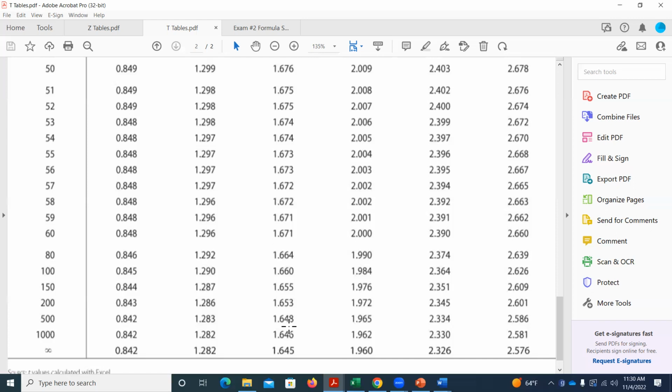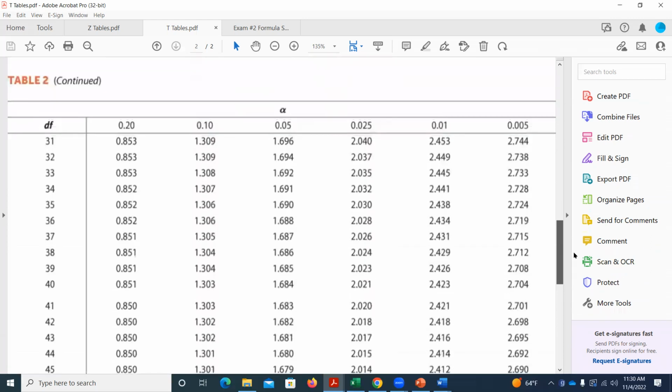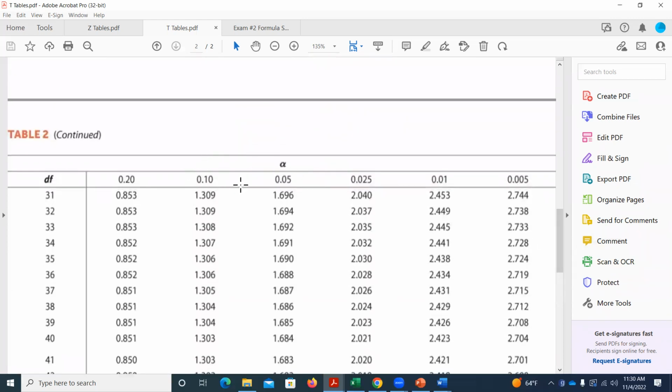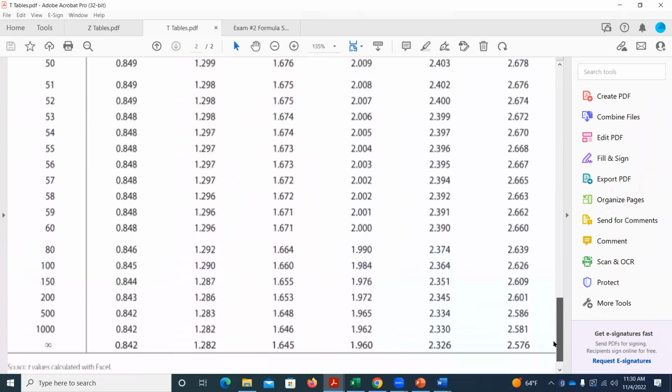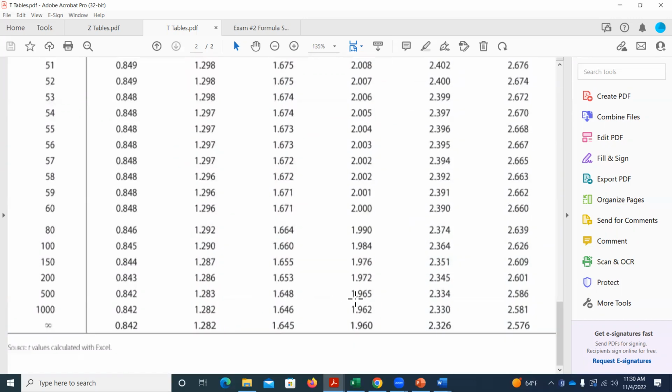So how did I find those though? Let's assume that I was just choosing the degrees of freedom that was closest, or 500. So I go up here. The area that I want in my left tail, or alpha, is 0.1, 0.05, and 0.01. The problem is the student t table always looks at the area to the right, just those positive values: 1.28 to the second decimal, 1.65, 2.33.